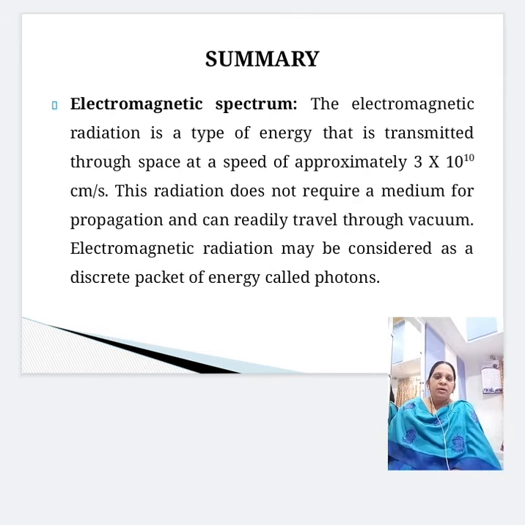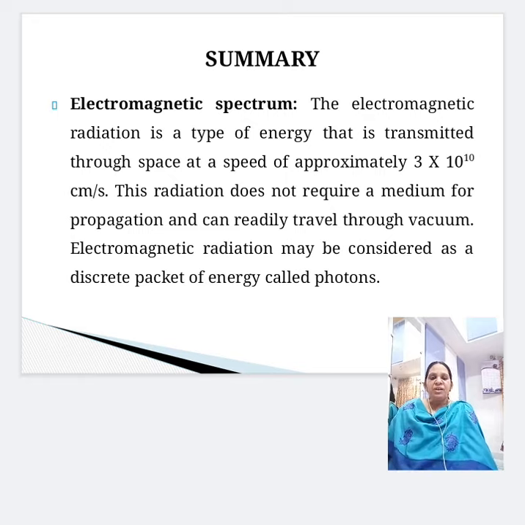Then we have studied the electromagnetic spectrum, electromagnetic radiation. It is the radiation which travels with the speed of 3 into 10 power 10 centimeters per second. It is a type of energy that is transmitted through space.